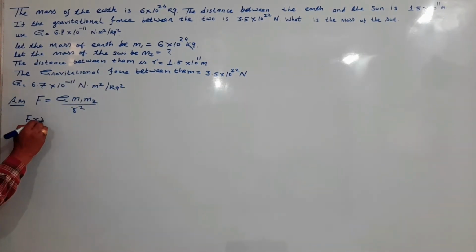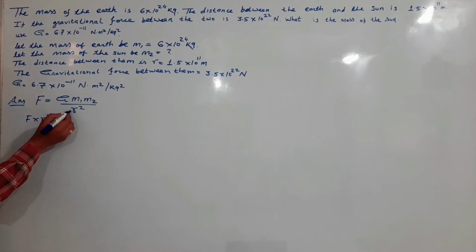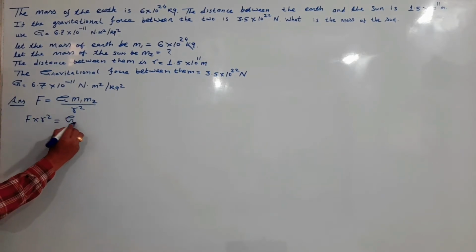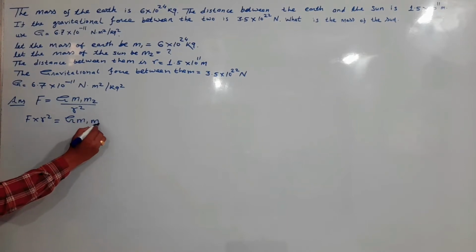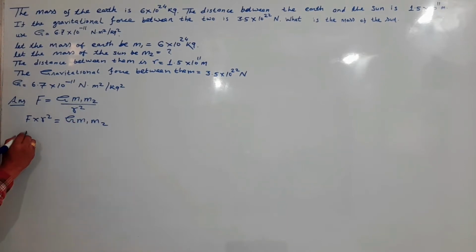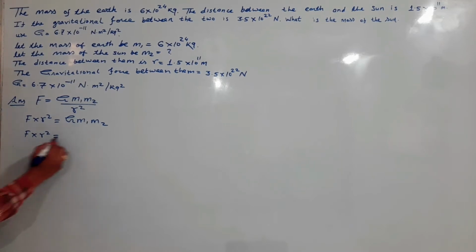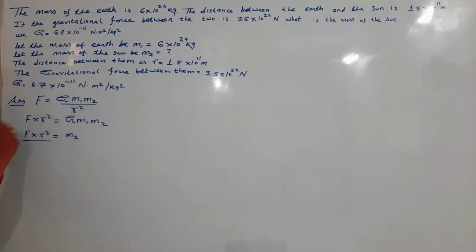F into r square, r we will take to the other side of the equation, is equal to G m1 into m2. m2 we will keep as it is and G into m1 we will take to the other side of the equation. It will become G into m1.